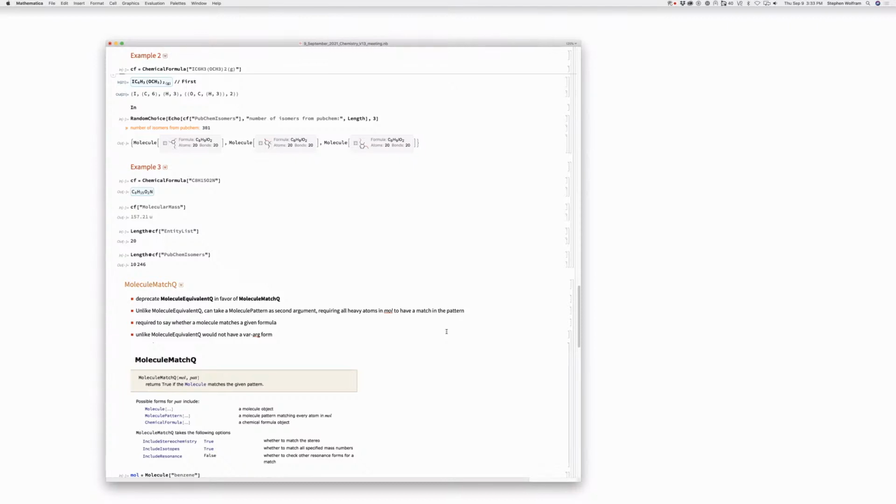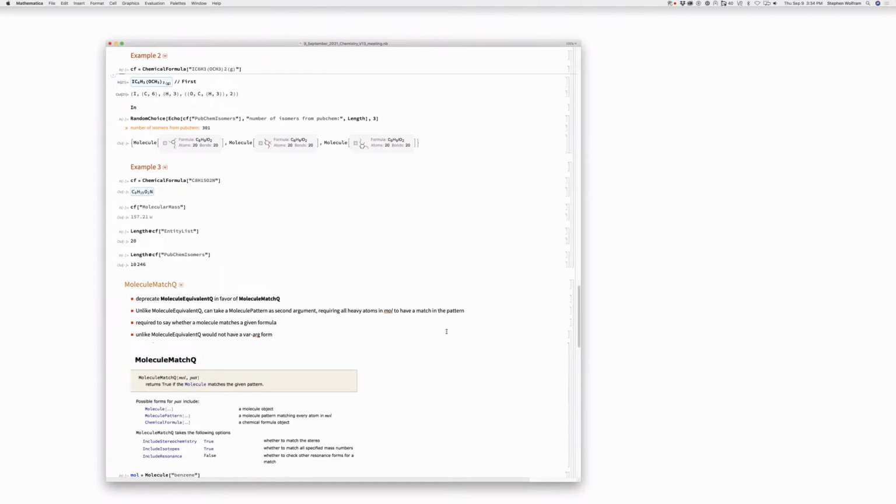But currently we have no way of, if given a molecule pattern, telling whether a molecule contains it. So if you had a molecule of octane and a molecule pattern of 4 carbons bonded together, then molecule contains Q would give you yes, this contains that. But there's no way of looking at a pattern and saying, does this represent the molecule? Right.